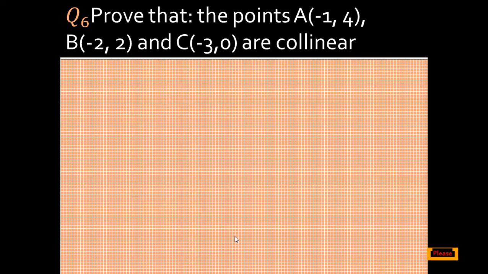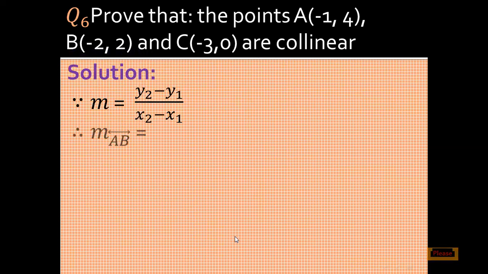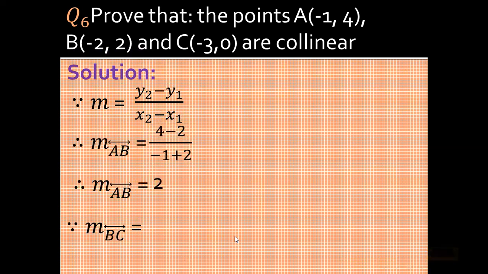Prove that the points A (negative 1, 4), B (negative 2, 2), and C (negative 3, 0) are collinear. Collinear means the 3 points must lie on the same straight line. Then we can find the slope of AB, which equals 2, and also the slope of BC, which also equals 2.